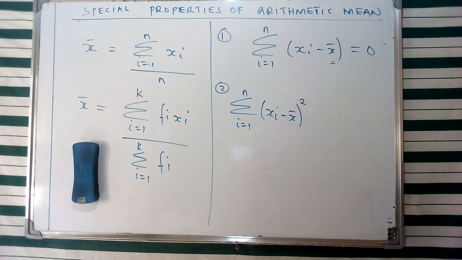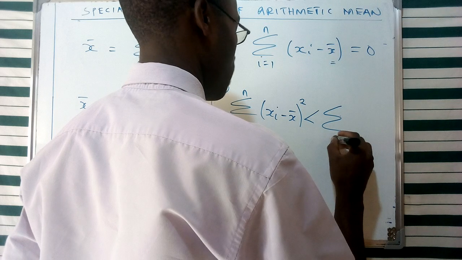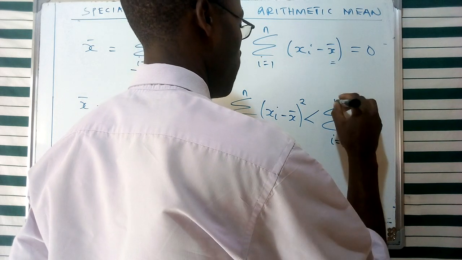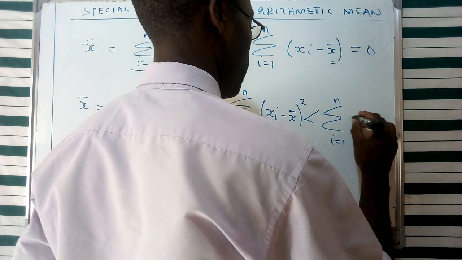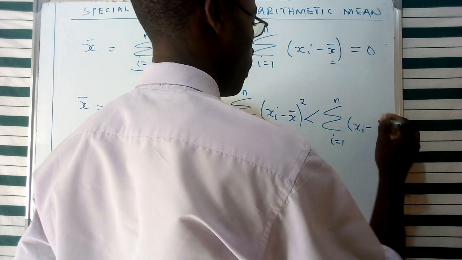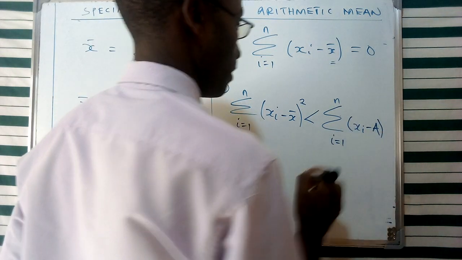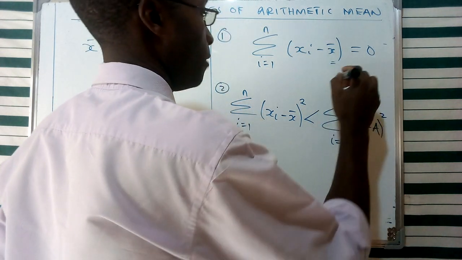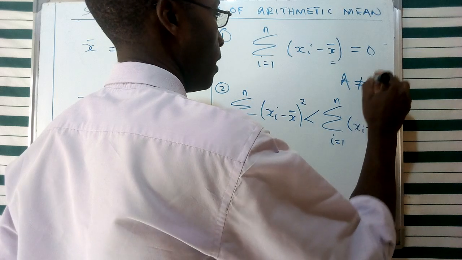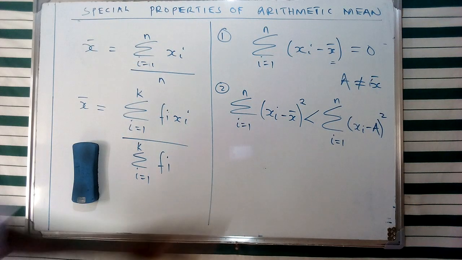This is always smaller than the summation of the squares of deviations of the items from an arbitrary value a, where a is not equivalent to the mean.